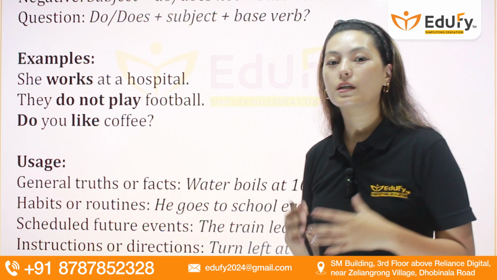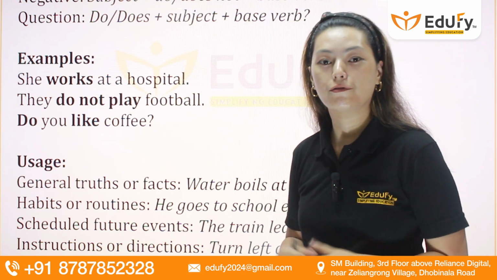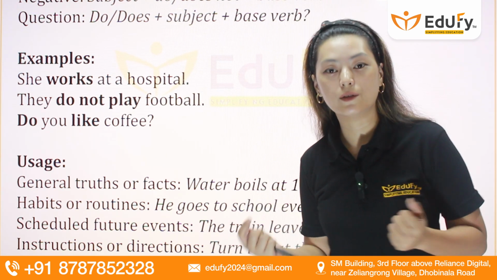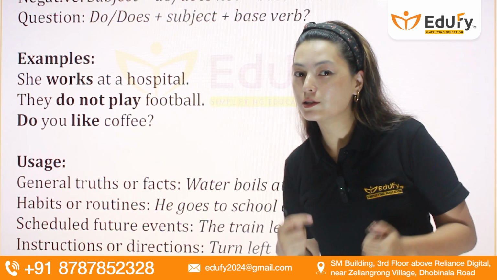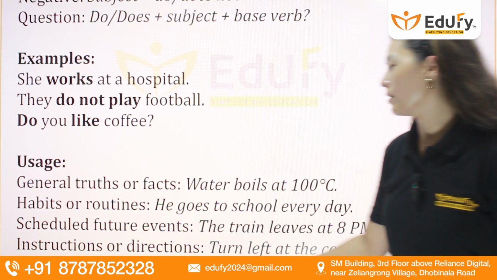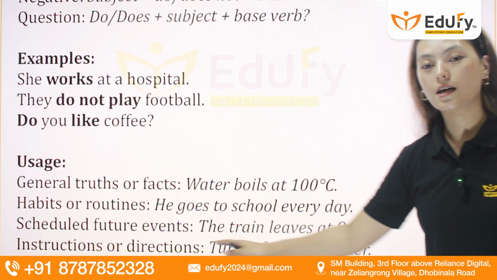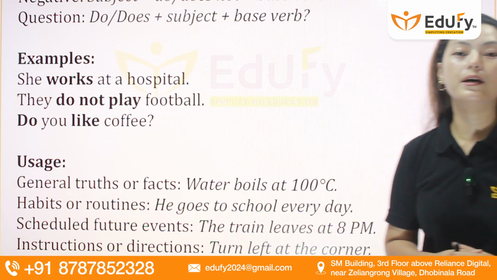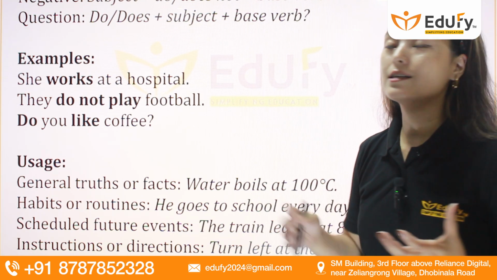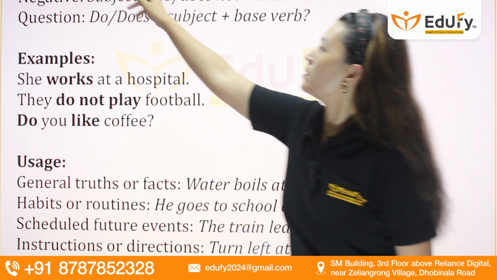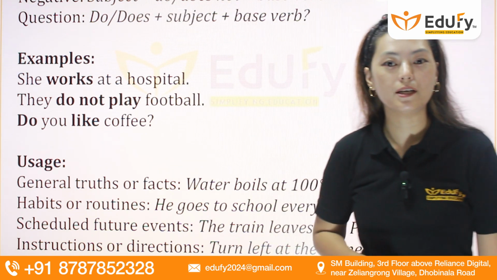Now, a lot of people will confuse this as somewhat of a future tense, and what is the difference between that, right? So if you're very confused about that, one thing you can focus on is the structure again. The train is the subject along with the verb that is in the base form, which is leaves. So it is the basic structure of an affirmative sentence, subject plus base verb, right?